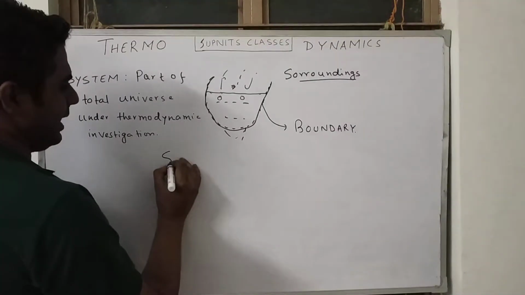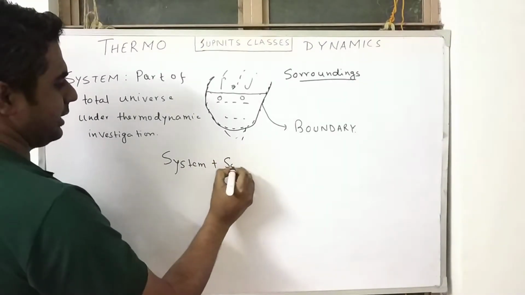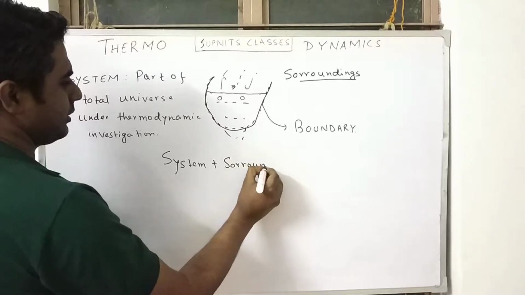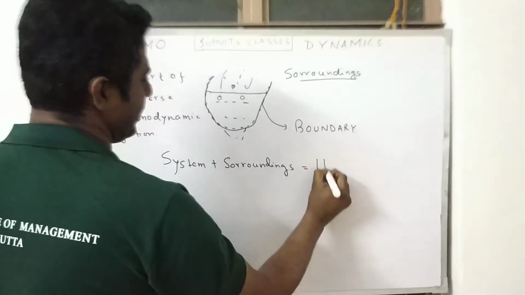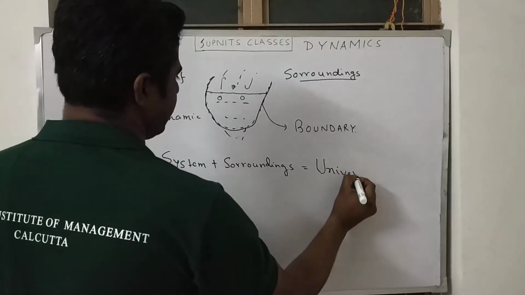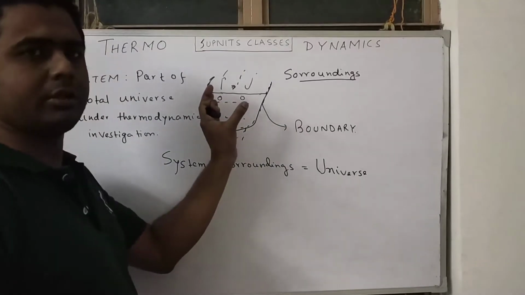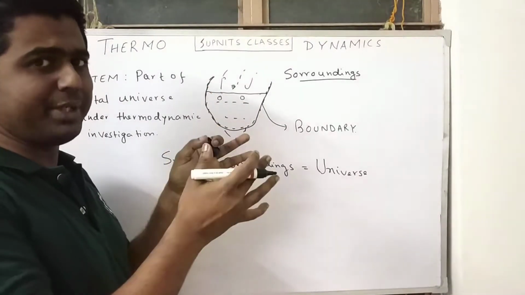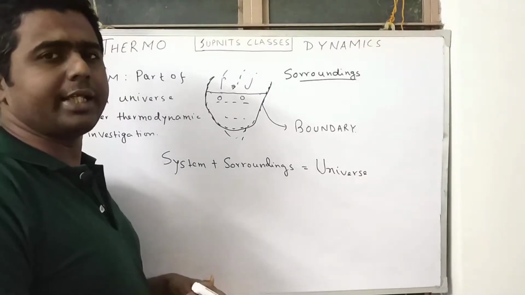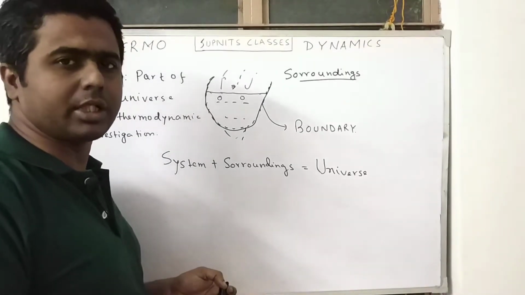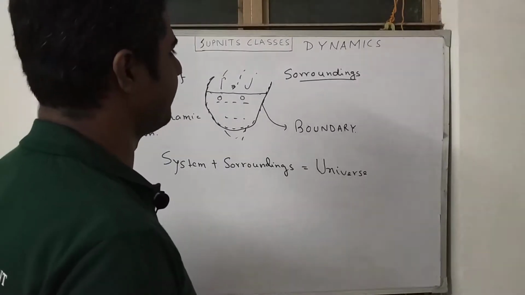So I can easily write system plus surroundings is equal to universe, right? The total universe contains the part that I am investigating, that is the system, and anything except that system is called surroundings.